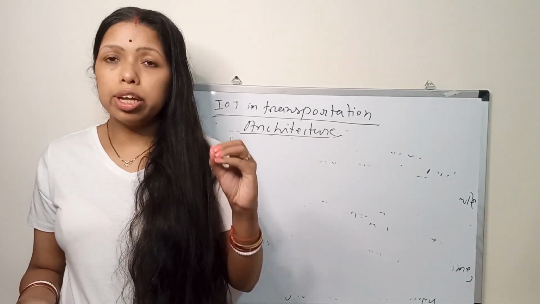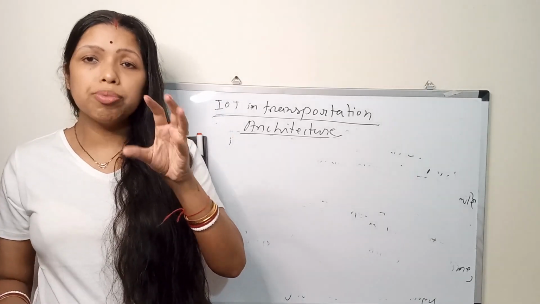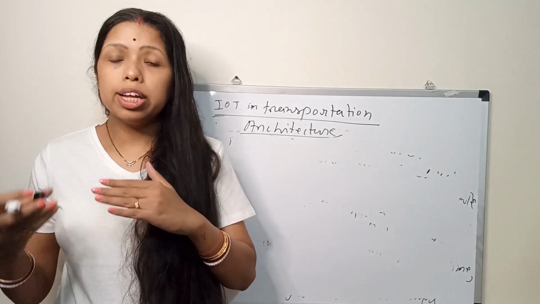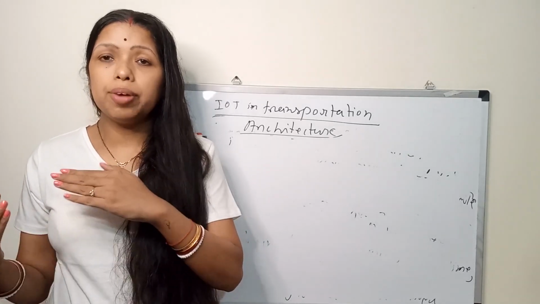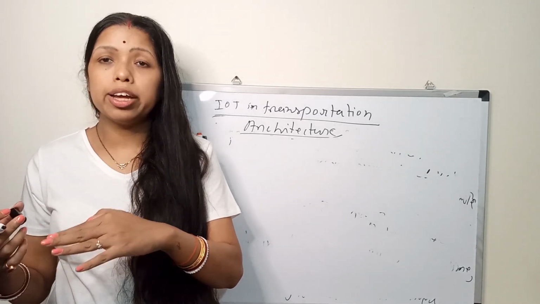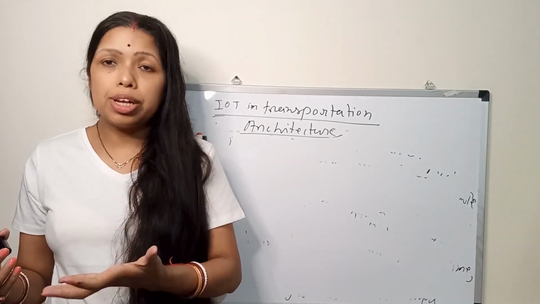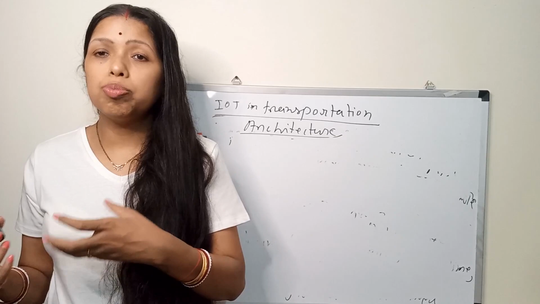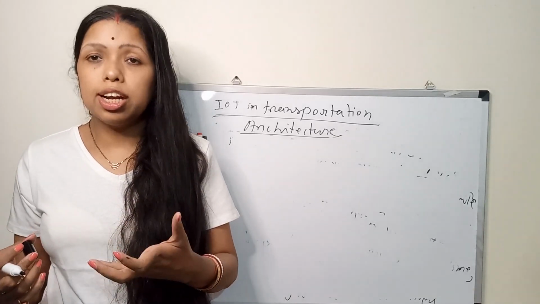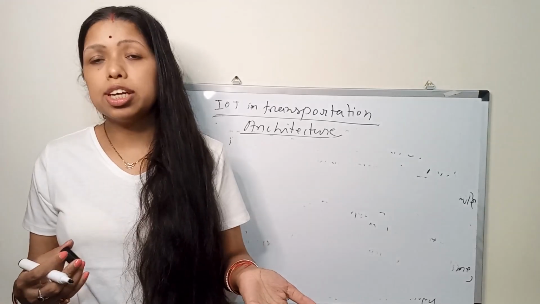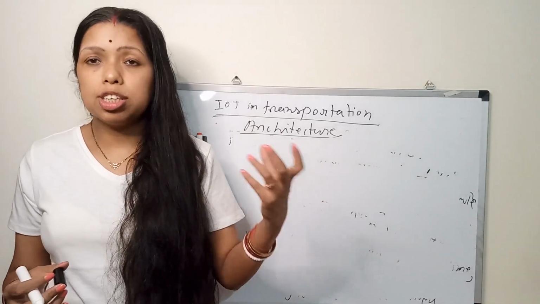So if we want to give a summary of the architecture, data will come from the vehicle or from the passenger. Some kind of data will be sent through the sensor layer, and after that the sensed data will be transferred into the servicing layer through the communication protocol.